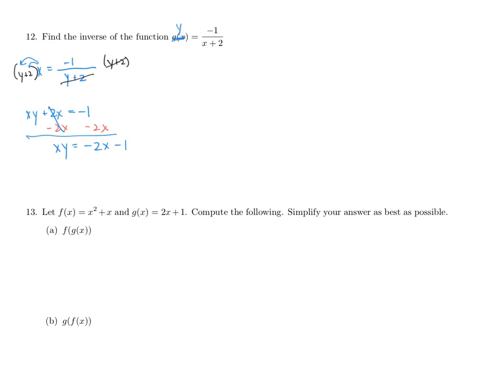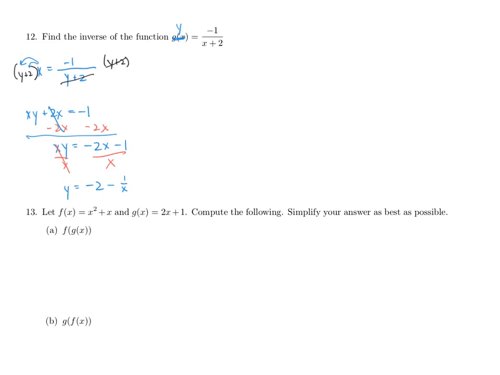Now I need to divide by x, and so I get y equals -2, and then minus 1 over x. Or I guess you could just leave it as -2x minus 1 over x, but I just simplified.